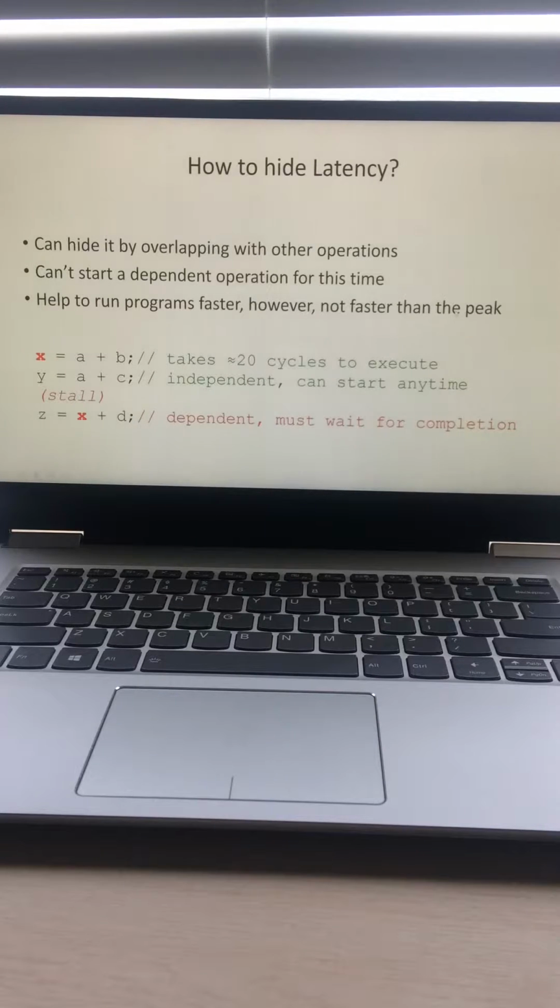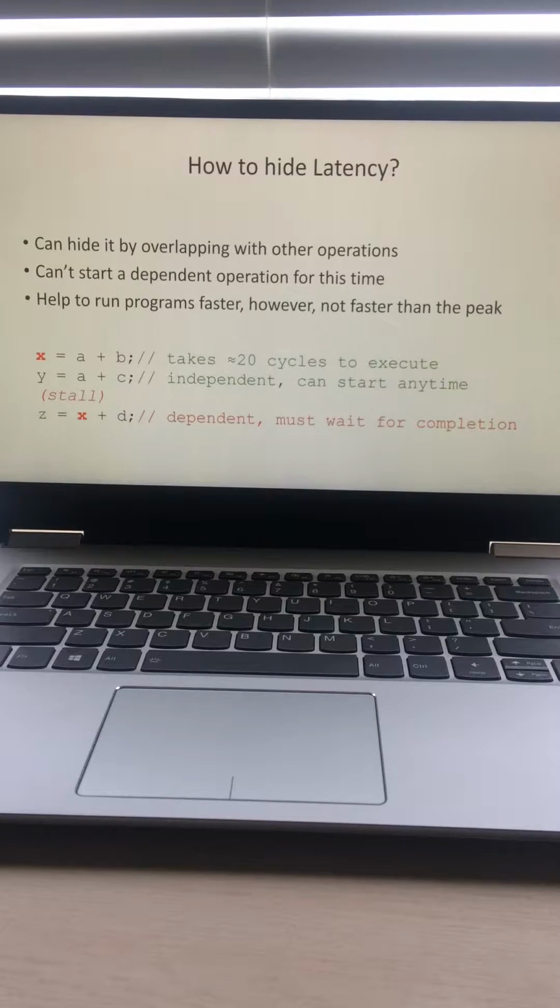Now the question is how to hide latency. It can be hidden by overlapping it with other operations, which means that while waiting for one operation to finish, we can start other operations which are not dependent on it, despite waiting for the latency of the first one.